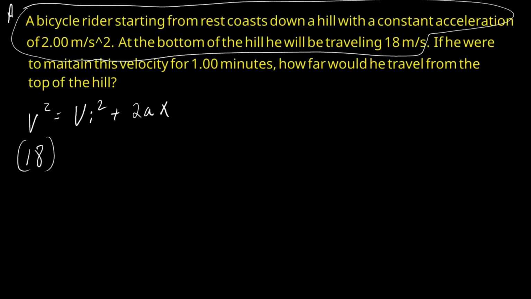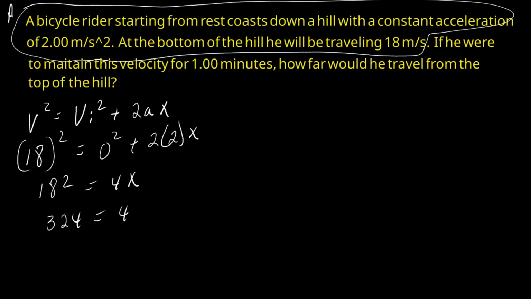We're going to square that, equals 0 squared plus 2 times the acceleration times x. We're solving for his displacement. So that's 18 squared equals 4x. 18 squared is 324 equals 4x. Divide both sides by 4, so x equals 81 meters while he was going down the hill.